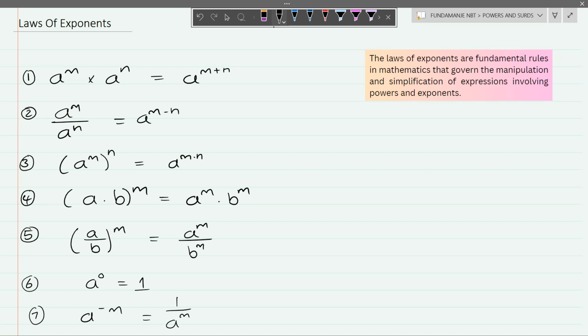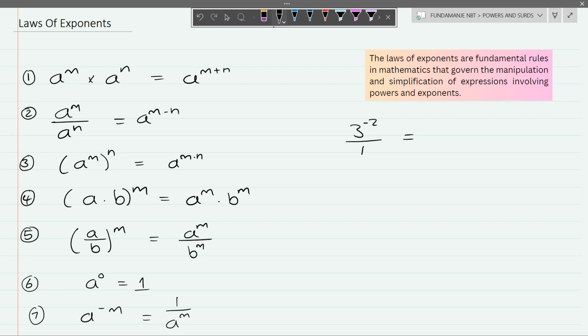But just as a quick example and elaboration on some of these, starting with the 7th law, it is important for you to realize that every number exists over 1. Therefore, should we have a number such as 3 to the power of negative 2, this is technically 3 to the power of negative 2 over 1.